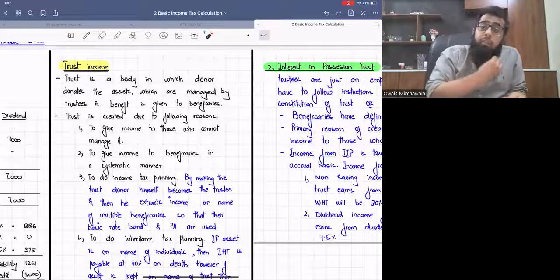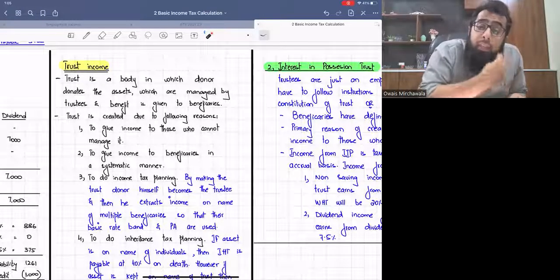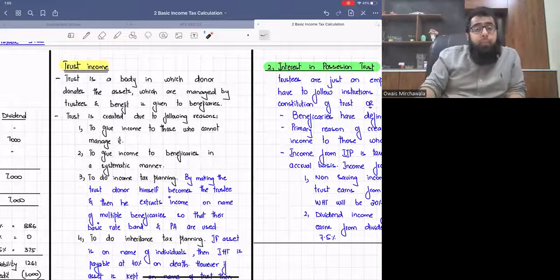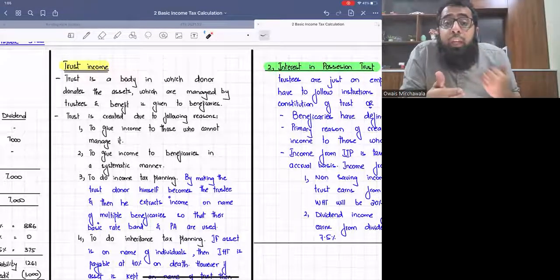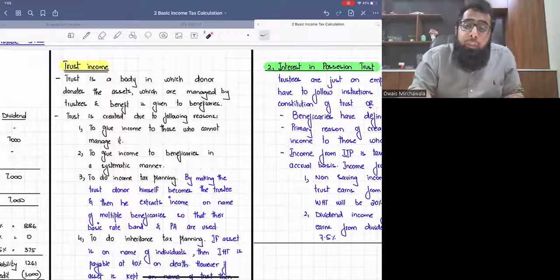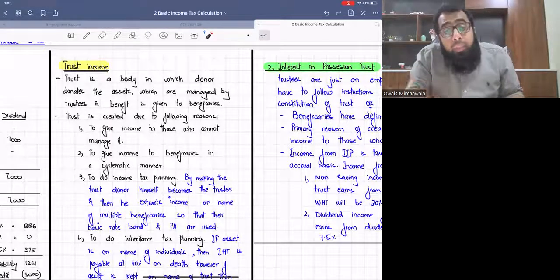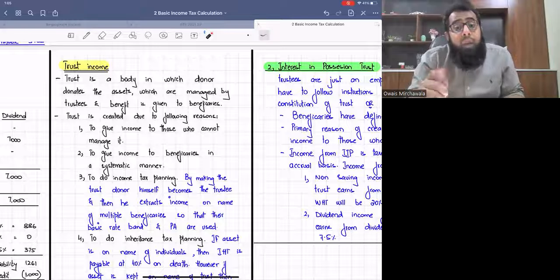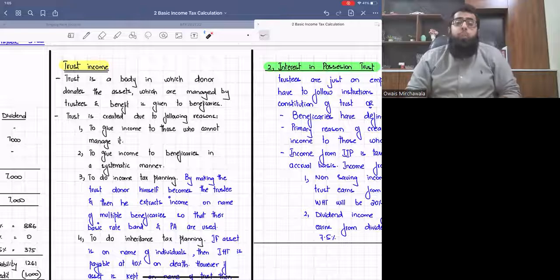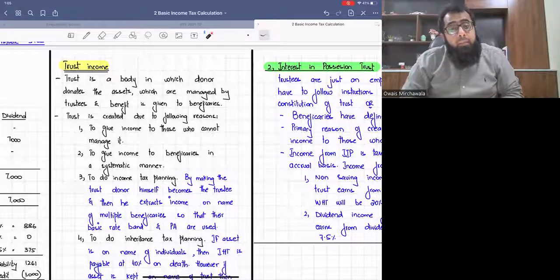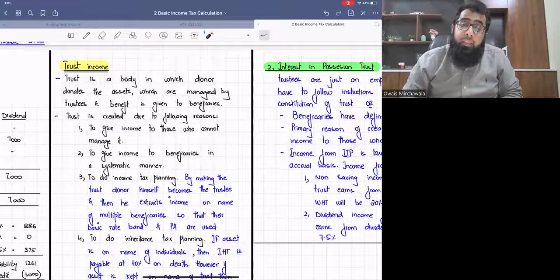What is the reason? Why does someone create a trust? Maybe he wants to give income to those who cannot manage it, like small children. Or he wants the income to be distributed in a systematic manner. Or maybe he wants to do income tax planning. Now, what do you mean by this, that he wants to do income tax planning?